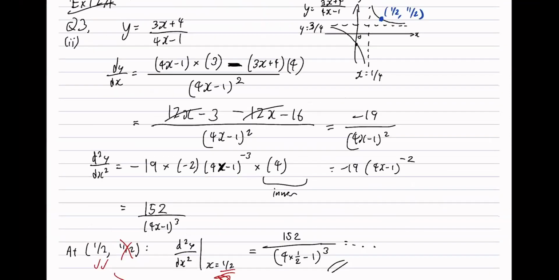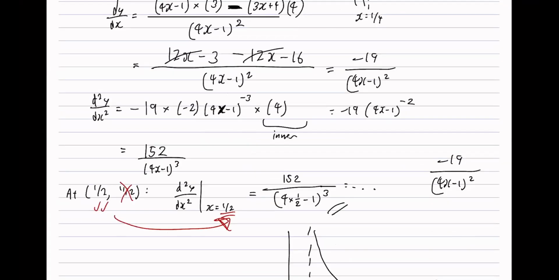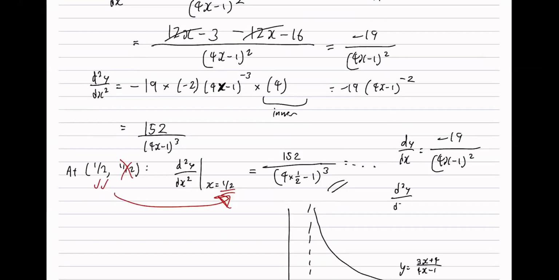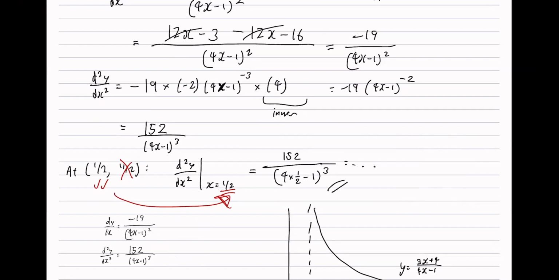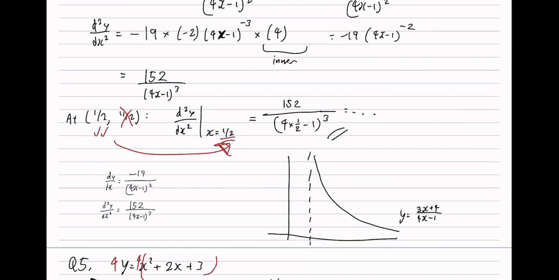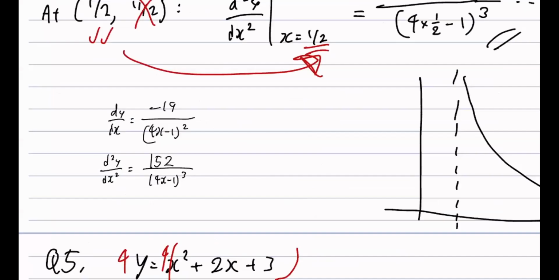So let's copy down the derivative. I have this fella here, which is dy by dx. I have this fella here, which is d2y by dx squared, and it's equal to this. Okay, let's examine what happens at x equal to half. What will we get?